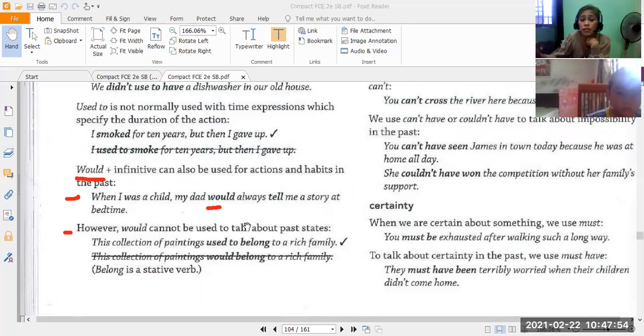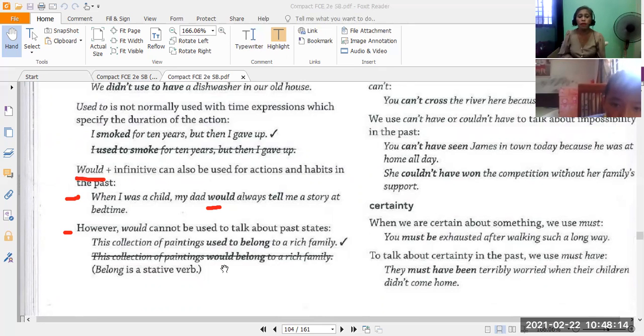If you can see here, with a stative verb like belong, together with used to, you will not put would. It's wrong when you say this collection of paintings would belong to a rich family.